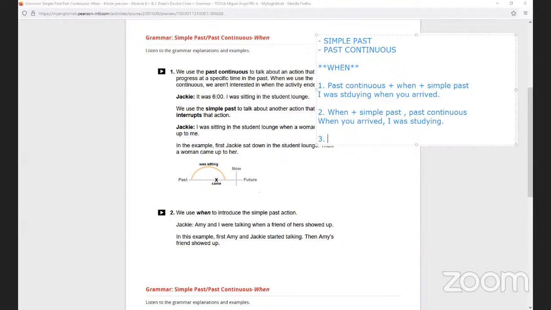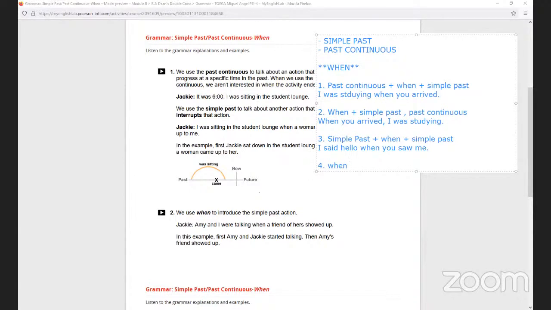In this case, I can use, for example, simple past plus when plus simple past. And it means that there are two actions that started and finished at the same time. For example, I can say, I said hello when you saw me. So both actions started and finished. You saw me, I said hello. So both actions at the same time. Okay. So, or maybe I can use the same.